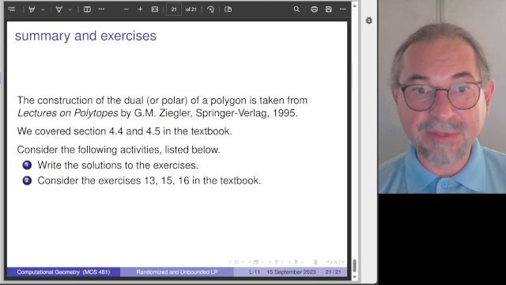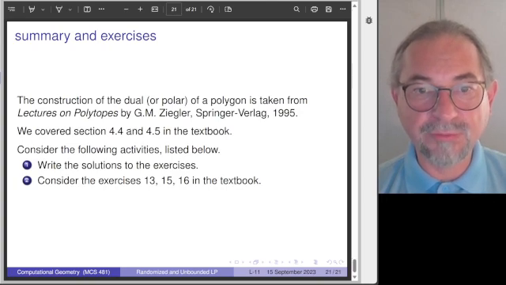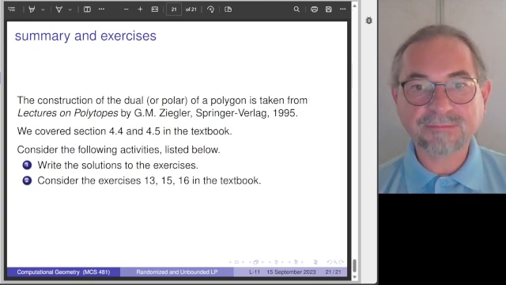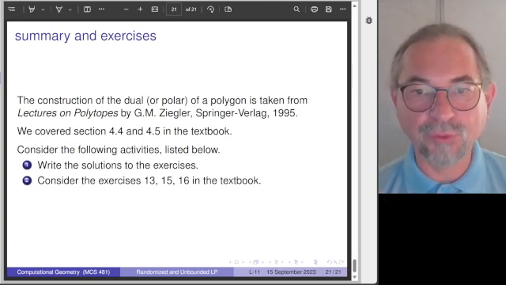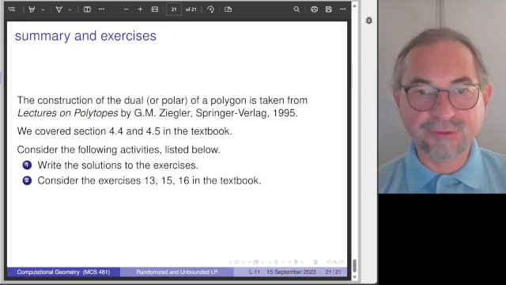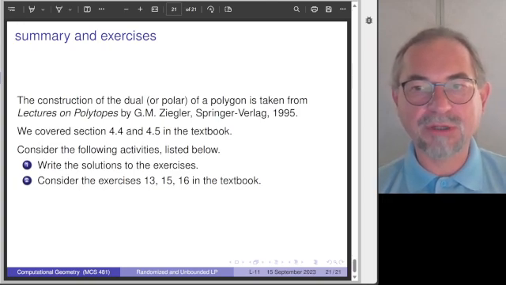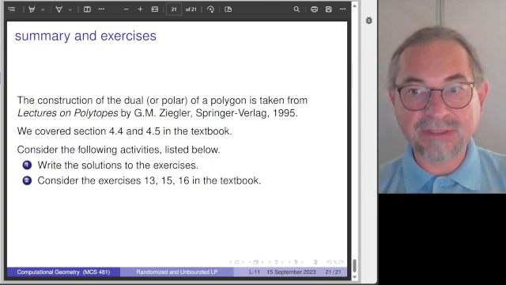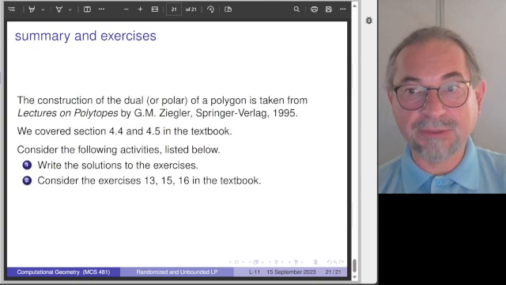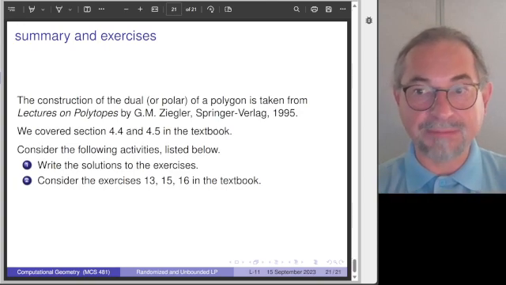Okay, so this lecture perhaps went a little bit too fast. I hope you paused a little bit with the construction of the dual of a polygon. Günter Ziegler prefers the polar construction of a polygon. So that is one important concept. The analysis of the randomized algorithm, the backward analysis, is also an important idea here.